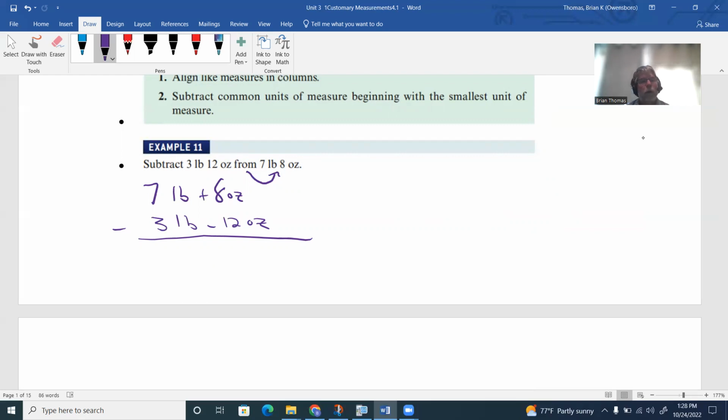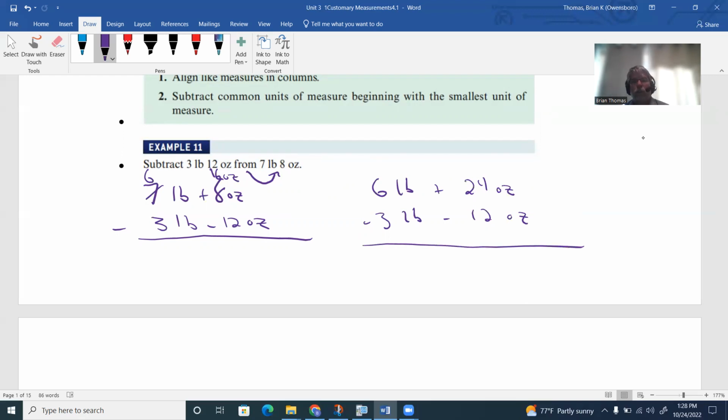If I borrow a pound, that makes it 6 pounds. But when I bring the 1 pound over, it has to turn into ounces, and since it's 16 ounces per pound, that's its equivalent of 16 ounces. So this problem turns into 6 pounds plus 24 ounces, and then we subtract 3 pounds and 12 ounces.